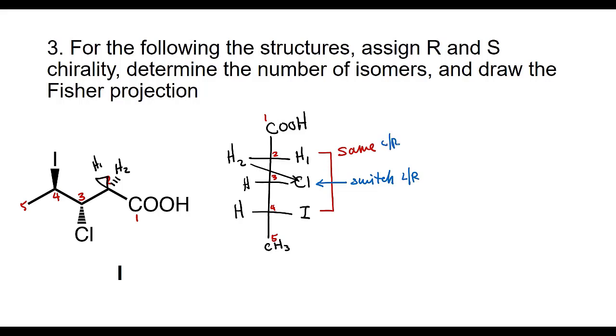I only need to do it once. And then I know that every other one is going to be the same, and the one that's next to it is going to be flipped. Perfect. Does that help at all? Does it make sense? Questions, comments, rude remarks? Please no rude remarks, but you know.